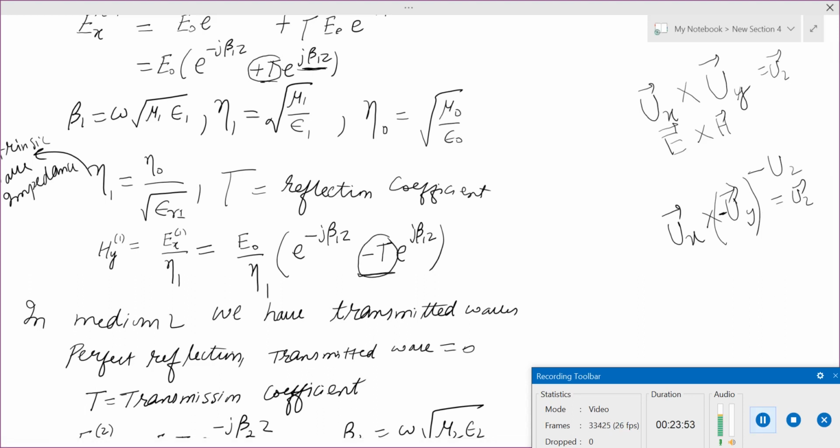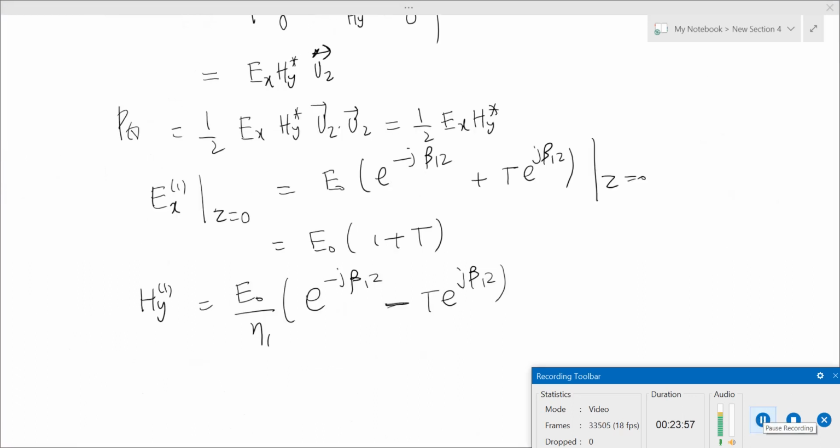Now I will come back to the equation I wrote just now. Initially I wrote it wrong here; it is actually minus of this. Now this is Hy. And what will be Hy1 conjugate?